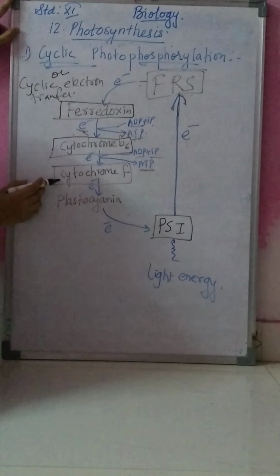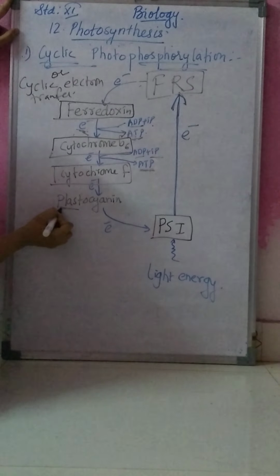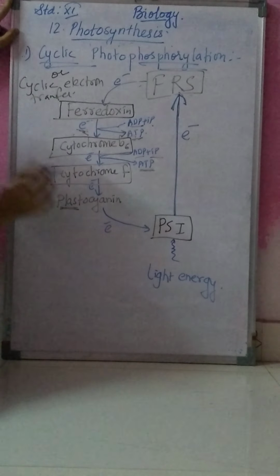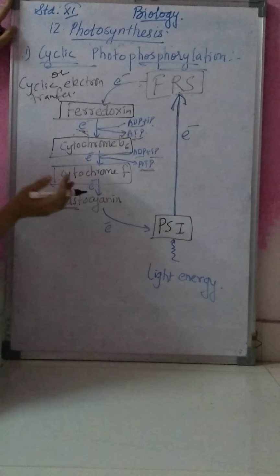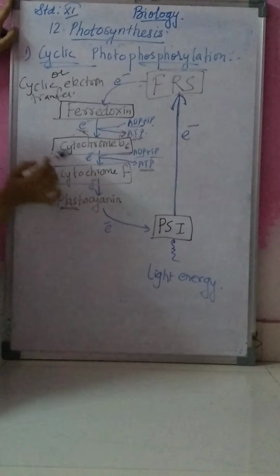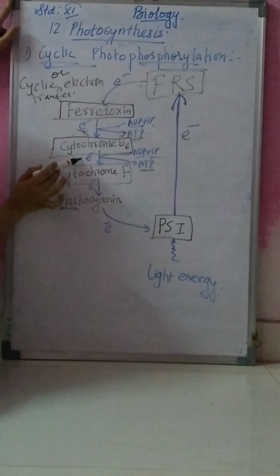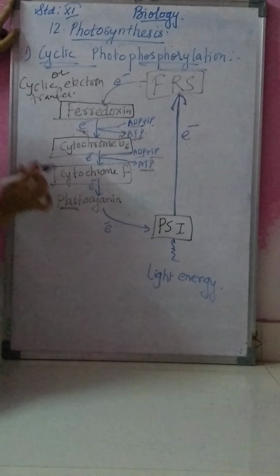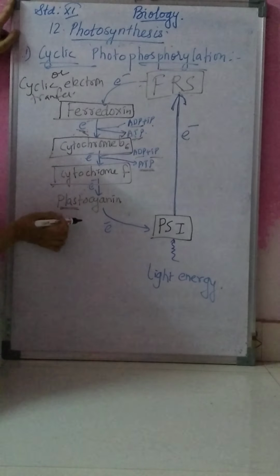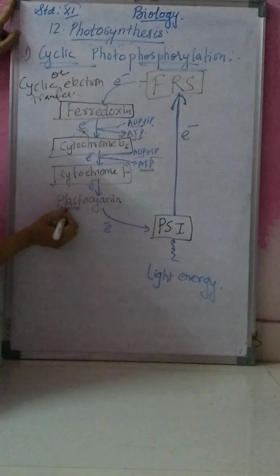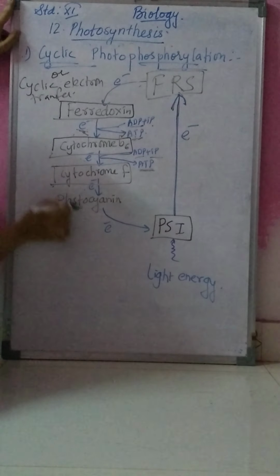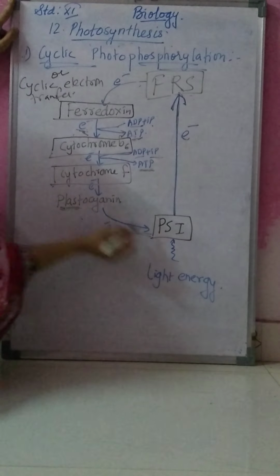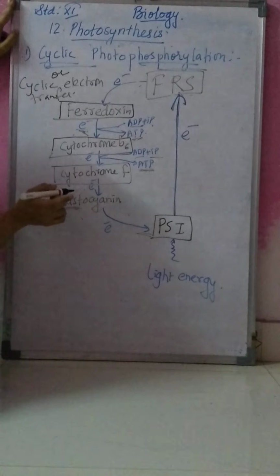From here, the electrons are passed to plastocyanin. From cytochrome F, the de-energized electrons, because the energy of the electron is already used here, are passed to plastocyanin, and from plastocyanin the de-energized electrons are finally passed to photosystem 1.